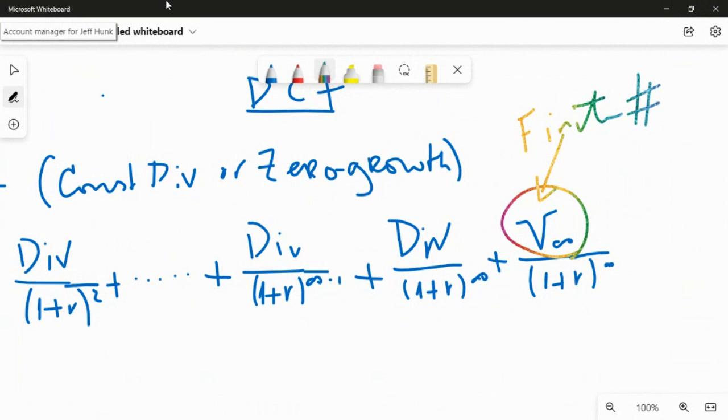I told you, if Apple hasn't split throughout its entire life, the price would be like $13,000. How is it going to be possible to buy Apple?